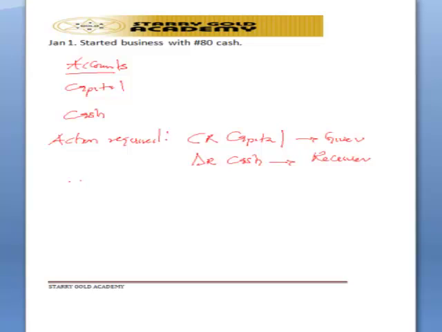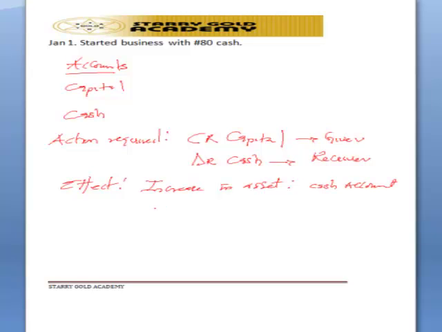And what would be the effect of this? Remember, cash is an asset, and from our previous illustration, a debit entry in an asset means there is an increase in assets. That asset here is the cash account.